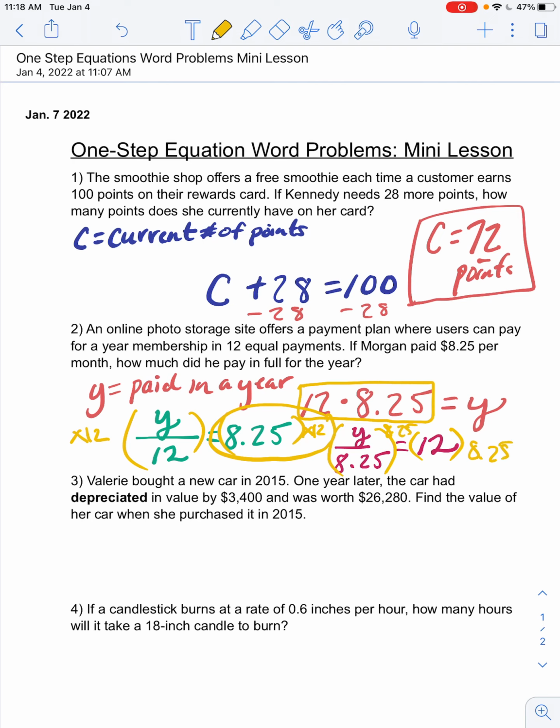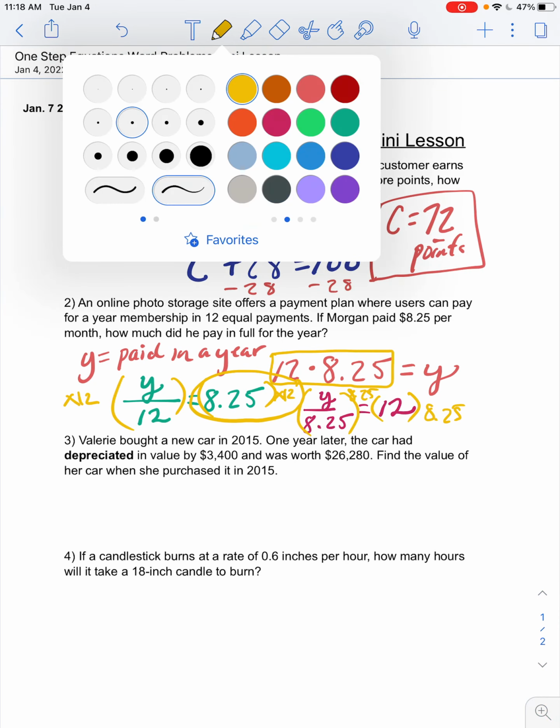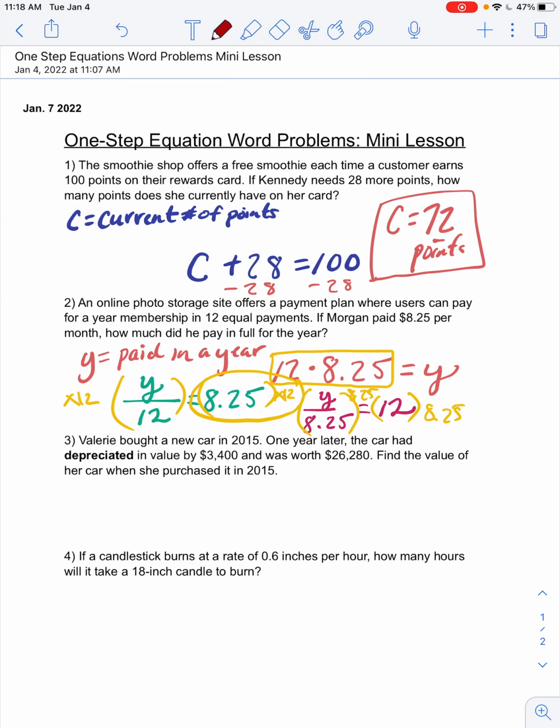And so I hope you can see that regardless of how you set this one up, the math that you've got to do is 12 times $8.25. And you'll have a calculator. And that's going to give you $99. Comes out evenly. So $99 for the year.